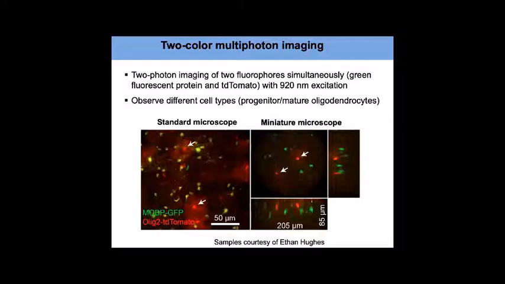Okay, and then some of the other advantages: since you are using a standard microscope, you can actually do multicolor imaging. So this is using our miniature microscope, and we can get images of cells that are labeled, one type of cell with GFP and the other with tdTomato.